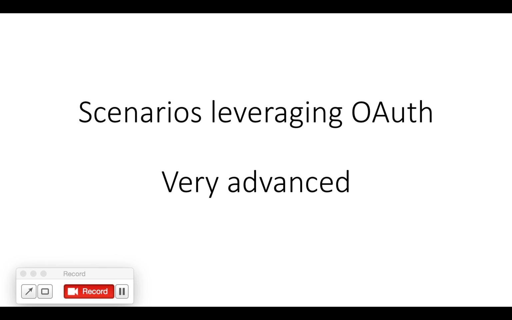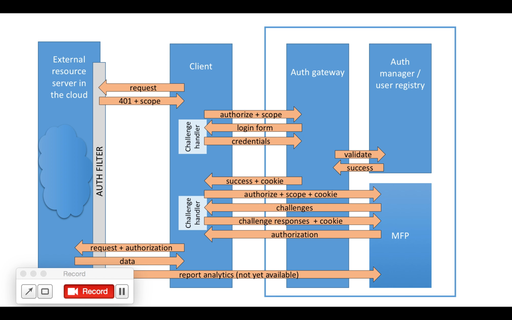Okay. So the last scenario we're going to cover is, of course, using an external resource server somewhere in the cloud. It's very similar. It starts with the client making a request to that external server in the cloud. The external server in the cloud is protected by the authorization filter, so it doesn't need to worry about how to authenticate users.